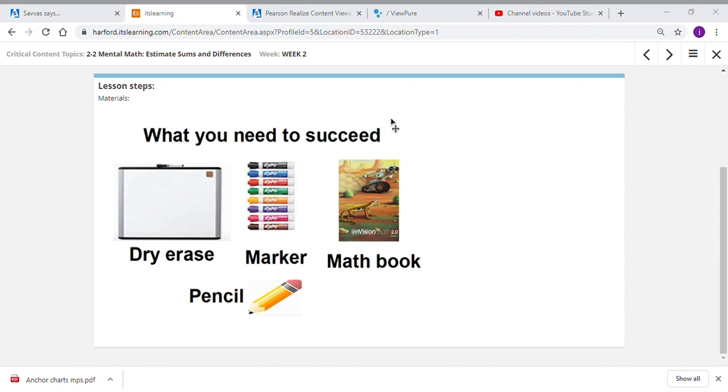5,638, and they want to change it into a number that has zeros at the end. So we're looking at rounding this to the nearest thousands place. Ones, tens, hundreds, thousands. So we're going to be rounding 5.